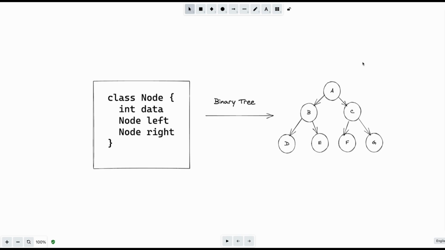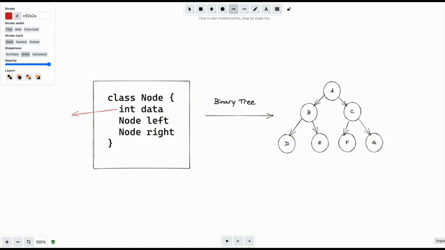So what does it look like in the programming world? We can see this is a definition, like pseudocode, of a node, and it has 2 different parts. The first is called information. Each node must carry some information.